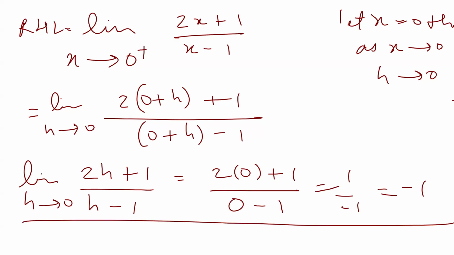Now LHL we had got as k. So from equation 1, LHL is k, RHL is minus 1, so k is minus 1. I checked this multiple times, but I think the textbook answer is a bit incorrect here. Fine, so that was your question number 18. Let's go to question number 19.